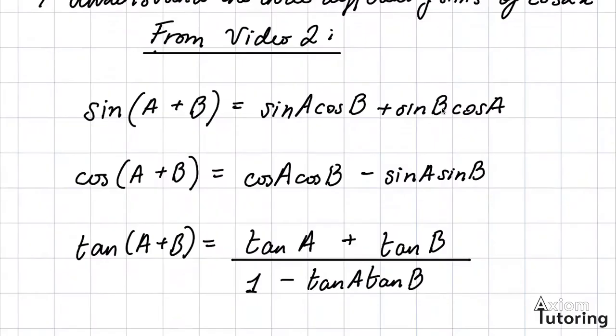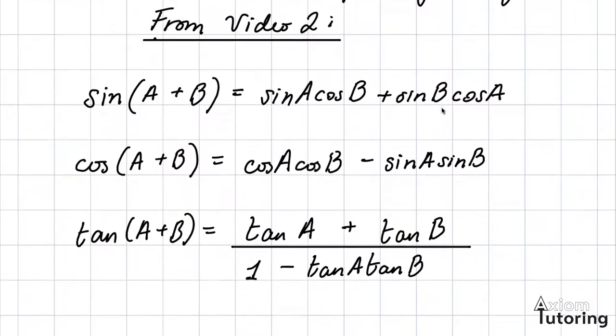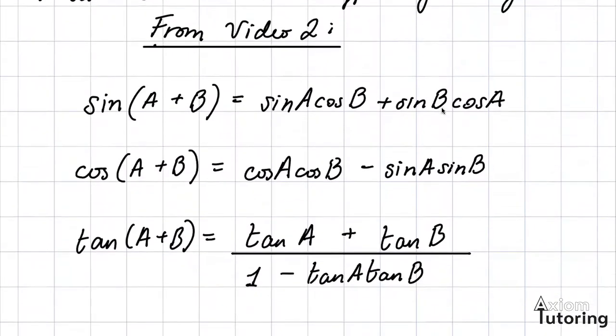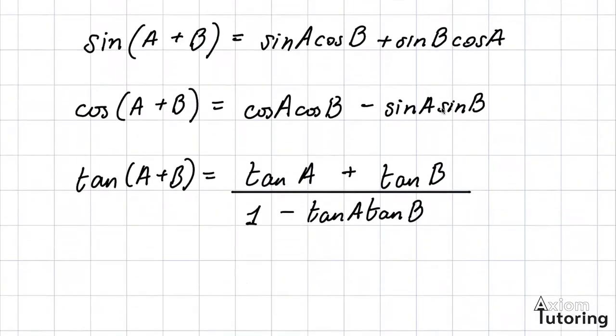So we're going to have to refer to our compound angle formula to get to our double angle formula for each. So let's start with sine. So sine of 2x is equal to, well, we can rewrite this as sine of x plus x, because now it's in the same form as our compound angle, where a and b are both x.